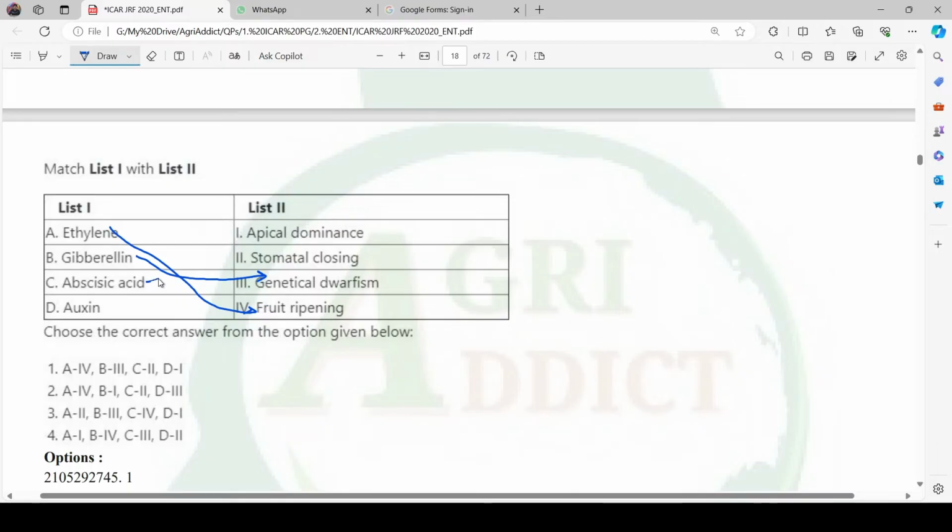Abscisic acid is for closing of stomata, mainly when there is scarcity of water, helping in closing stomata and saving the water of the plants. And due to auxin, apical dominance is there. So option 1 is correct.